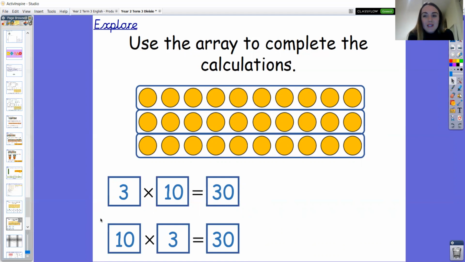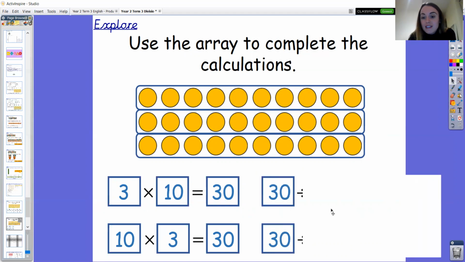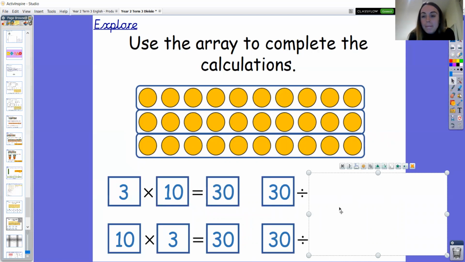Brilliant. Okay, so let's have a think about our 2 divisions now. Remember, with division, we start with the whole amount when we're writing the quotient last, okay? So what is the dividend going to be? Brilliant. The dividend is going to be 30. So 30 divided by something equals something. What do you think the divisions might be?